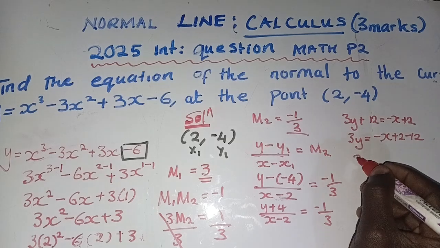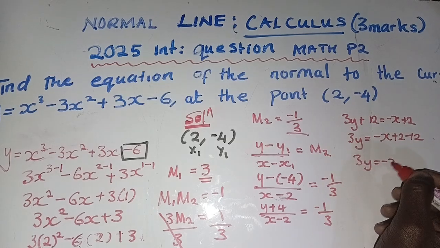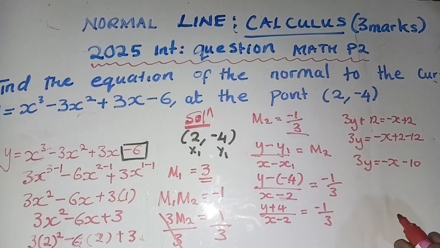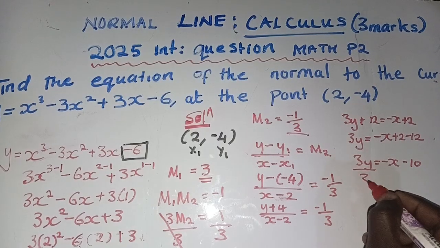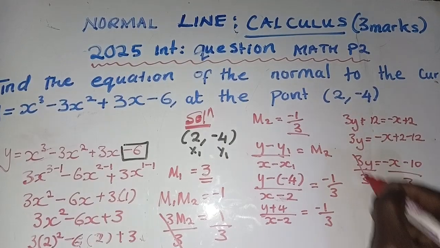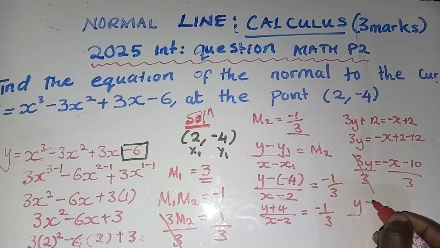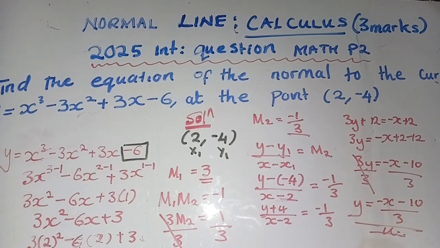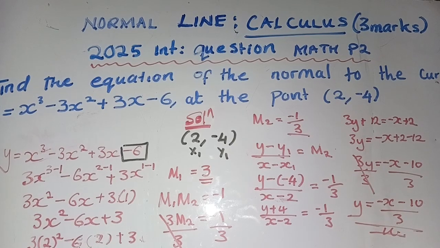The answer is 3y is equal to negative x minus 10. Now we divide by 3 and the answer is y is equal to negative x minus 10 over 3. That's the way on how you find this answer.